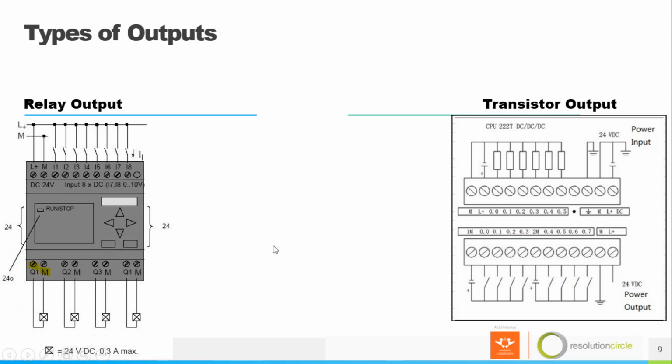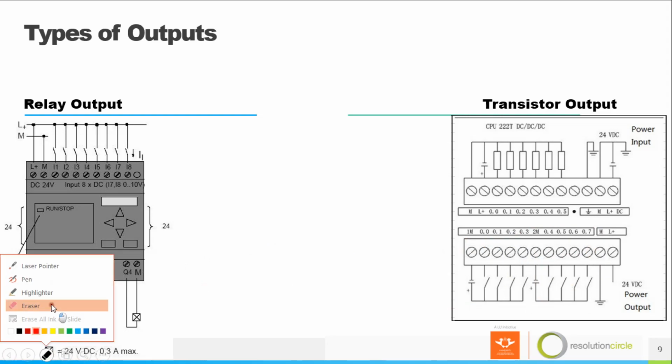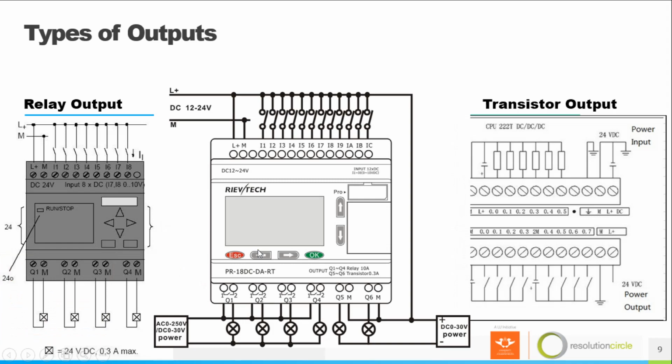But some PLCs have both transistor and relay, just like the PLC that I have here. It consists of 4 relay outputs, 1, 2, 3, 4, and 2 transistor outputs. With transistor output on M, I'm powering the module.